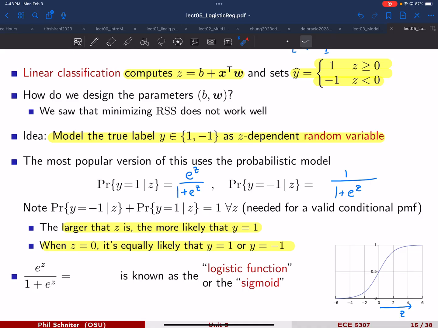Okay, so this is called the logistic function, or the sigmoid. Now there's another way of writing this, which simplifies things a little bit. If you multiply top and bottom by e to the power minus z, then the top becomes 1, and the bottom becomes e to the minus z plus 1. And that way, there's only one exponential.